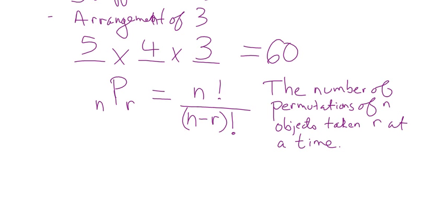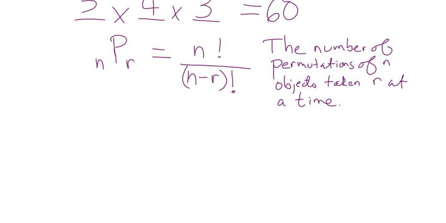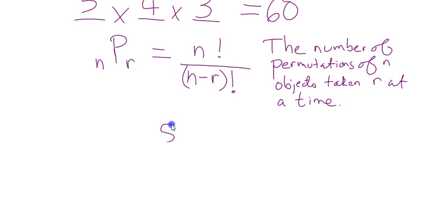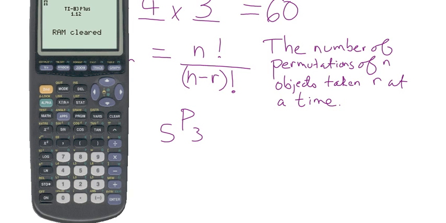So on your calculator, what you do is you go put in, well, okay, hang on, I'm going to pause, grab a calculator. So nPr, so you start off with n, right? I want 5P3. So on the calculator, we'll go 5. We go to math.